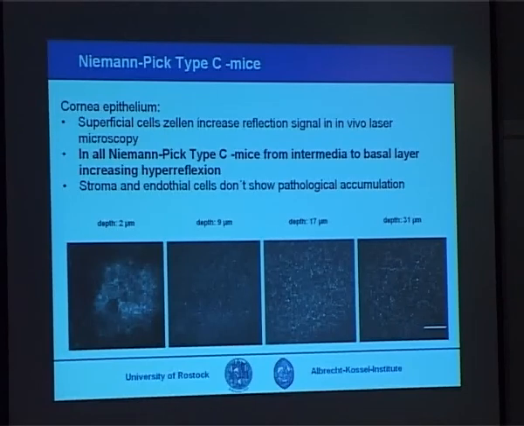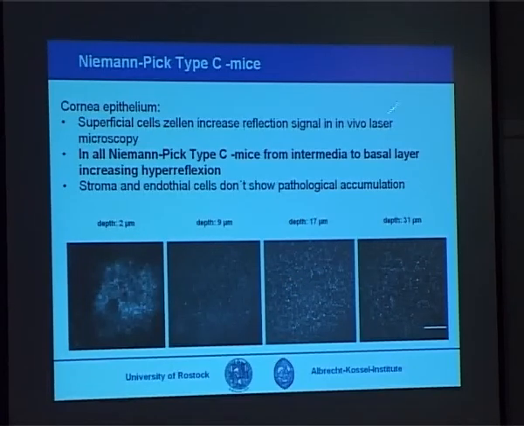What is an interesting experimental result, that this is coming from the Niemann-Pick type C mice. This is exactly the same animal model Mark Patterson has shown to you, which we are analyzing also for testing for new drugs, and the fact that with a so-called in vivo laser microscopy, which is a rather simple tool to analyze the eyes, shows you that in very specific layers of the cornea you can show this pathological accumulation or this pathological signals which are based on the white signals you can see here.